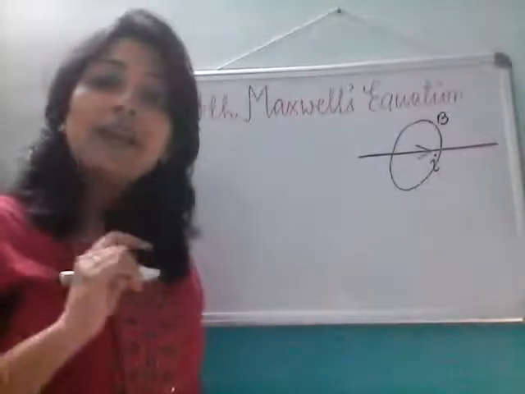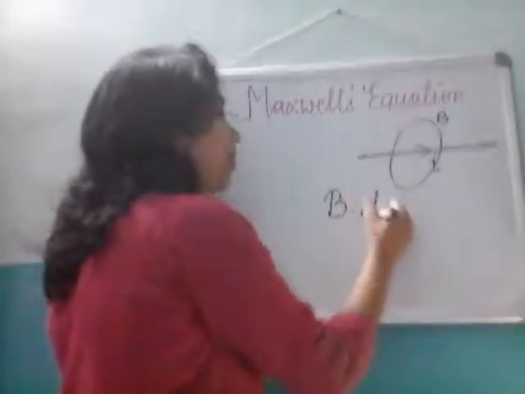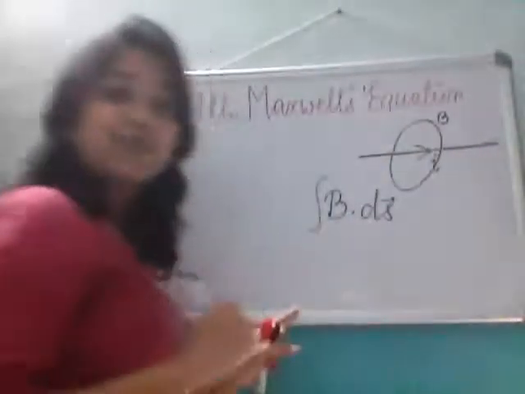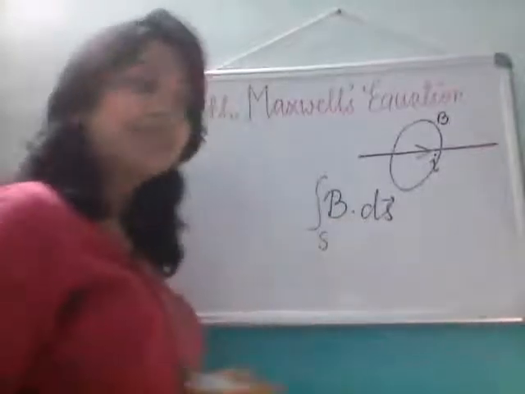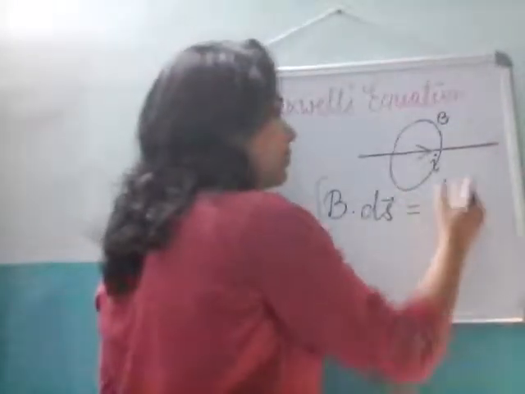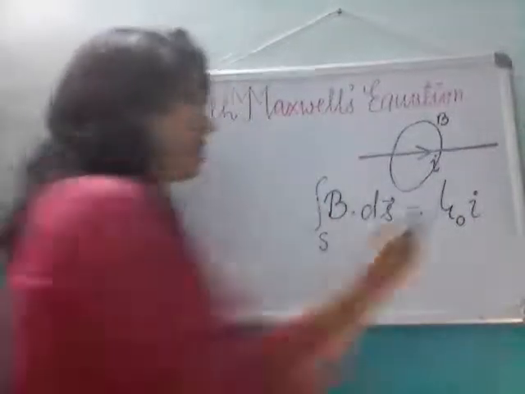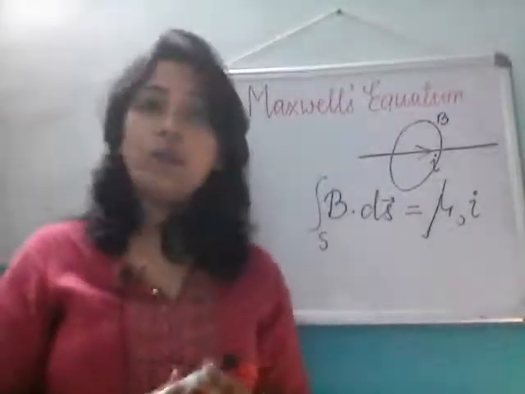And how can I write this? I can write that B dot dl, the line integral of this magnetic field over the loop, is equal to mu 0 times I. Alright, this was the so-called Ampere's circuital law.